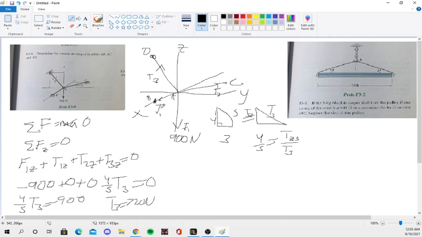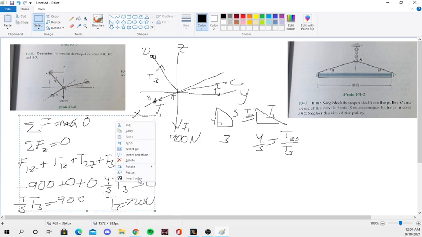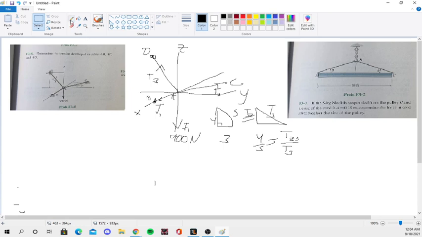So that's the z component, and since we now have T3, we unlock the y component, so we should do our components for y. So let me just erase some of this. T3 equals 720. So now we're going to work on the sum of F of y, all equal to 0.